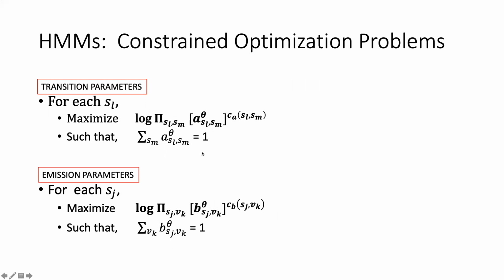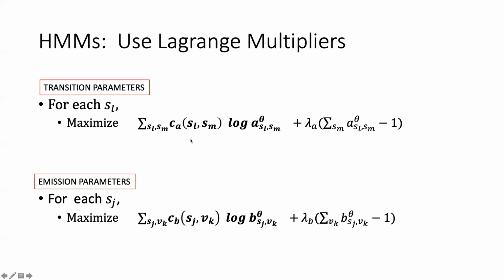So these are solved using Lagrange multipliers. Using the Lagrange multipliers, we can introduce the Lagrange variable and try to maximize this particular objective function for transition parameters, and the corresponding expression for the emission parameters is this one. So the parameters of A's and B's can be obtained by differentiating and equating these objective functions to 0.